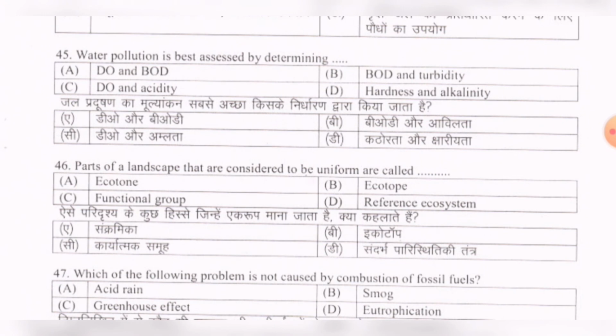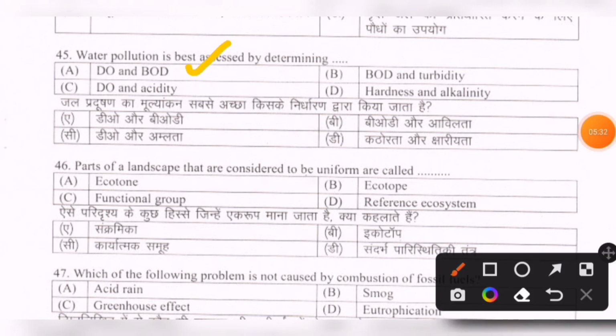Next question. Water pollution is best assessed by determining. Options are DO and BOD, BOD and turbidity, DO and acidity, hardness and alkalinity. The correct option is the first one, that is DO and BOD. Let's see the next question.